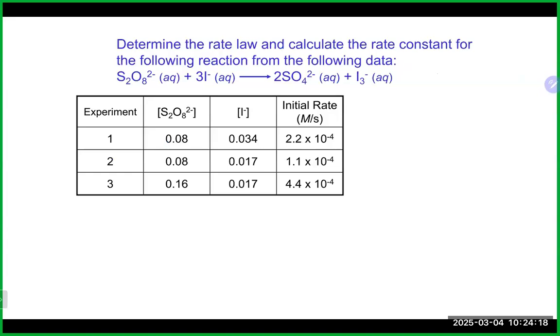All right, so let's try another one here. Let's do the rate law again and the orders, the overall order.